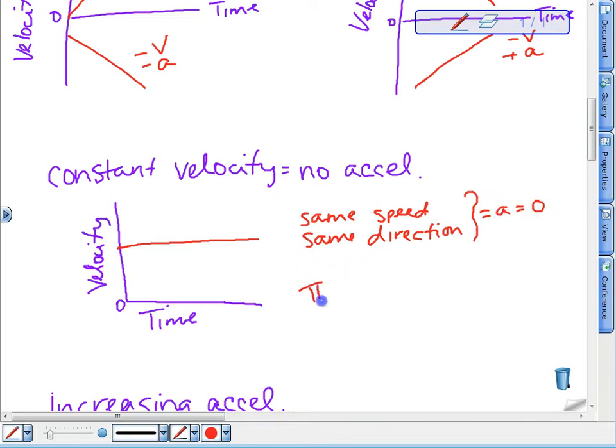Think cruise control, right? On a car. The point of cruise control is to make sure your velocity stays constant, that you're not accelerating by speeding up or slowing down. Okay? So our acceleration would be 0. So whenever we see a horizontal line, our slope is 0, meaning our acceleration is 0 if we have a velocity time graph.